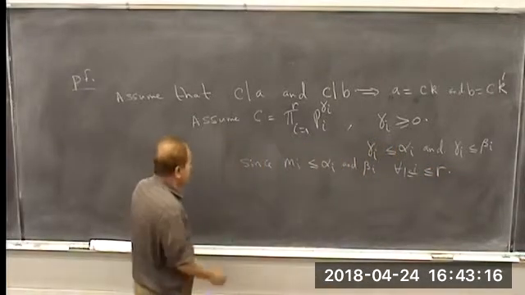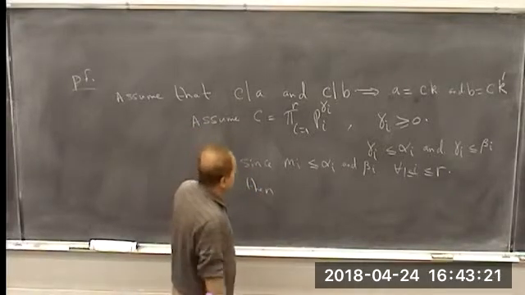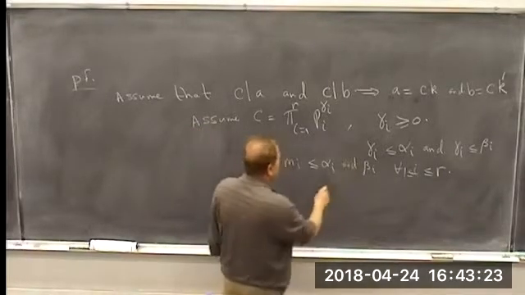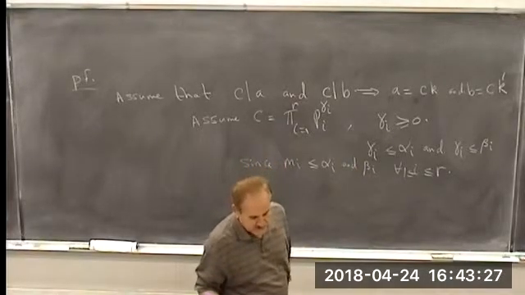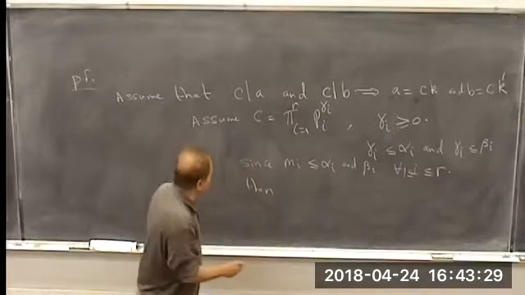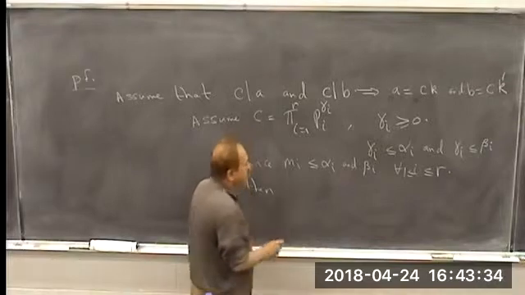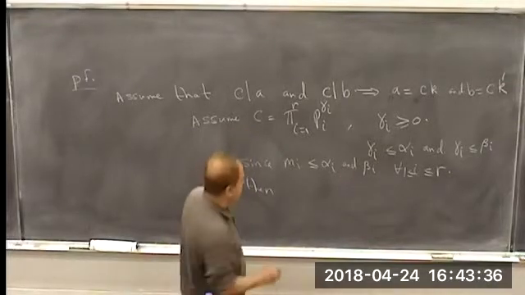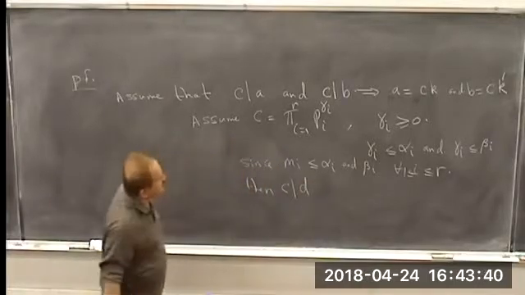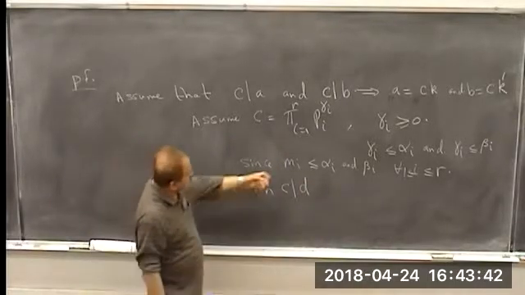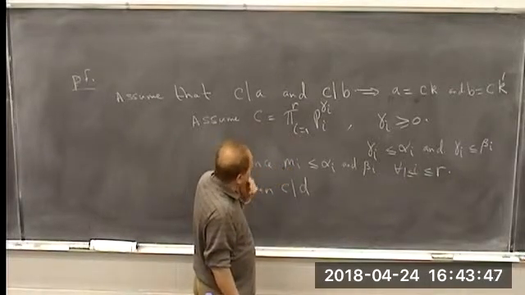Then we have, let me see in which direction we can say this one. Yeah, this means that C is going to divide D, because the exponent of it is going to be less than.